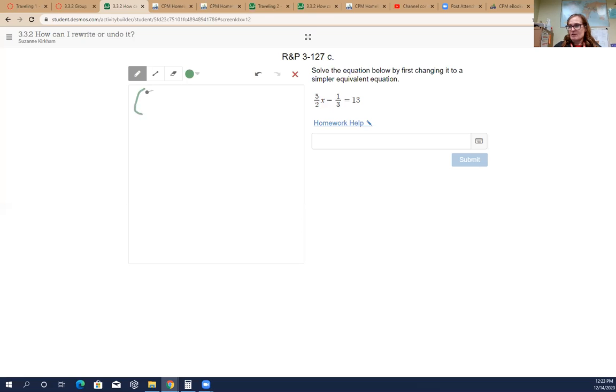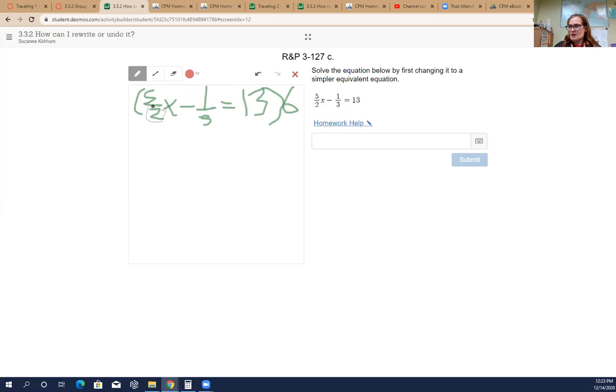Okay, so we've got 5/2 times x minus 1/3 equals 13. Okay, and we'll multiply that whole thing by 6. The first fraction, we have 5/2.